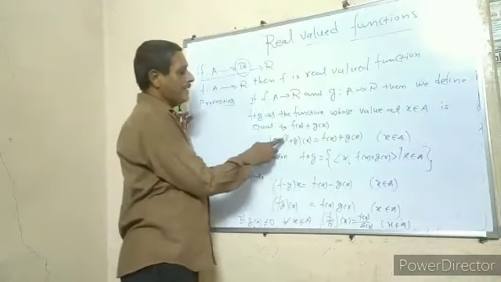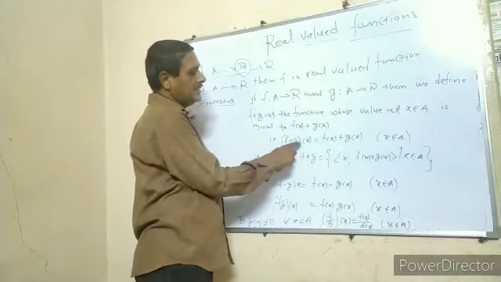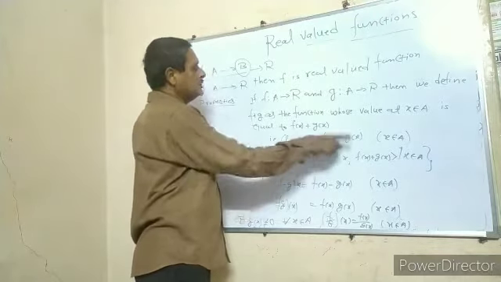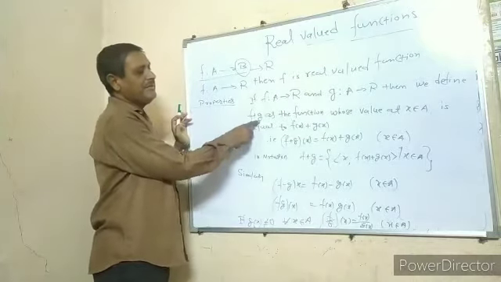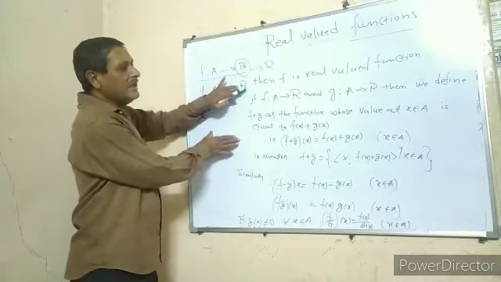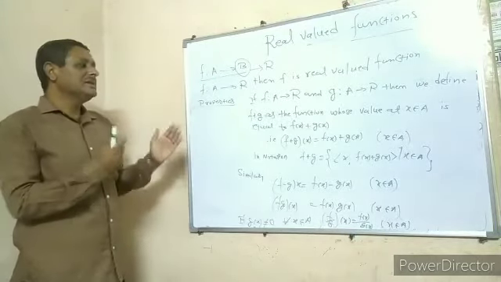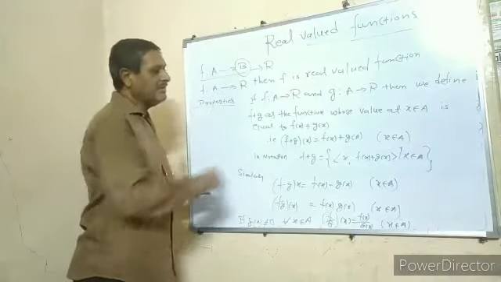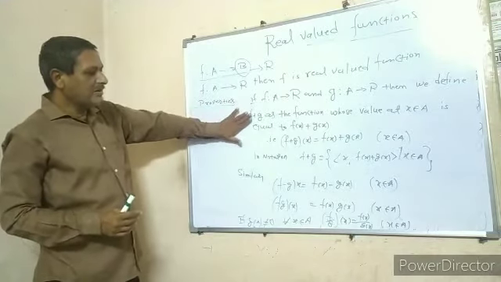So the new defined function f plus g will also be a real valued function. What we have proved in this property is that if we have two real valued functions, then their sum function is also a real valued function.